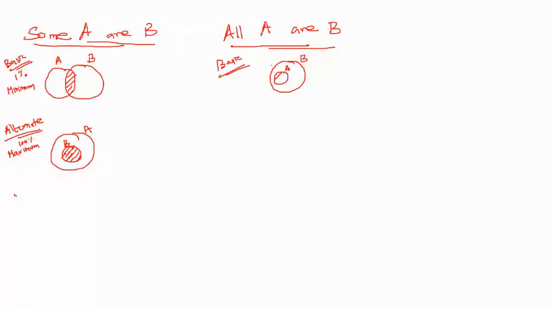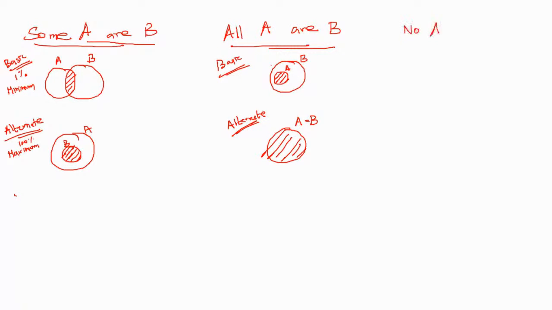So all A is inside B. That is what the minimalistic diagram represents here. And if I go for the alternate diagram, it should be the maximum case. The maximum case for this is that the A circle is equal to the B circle, where the complete circle is overlapped over A over B.